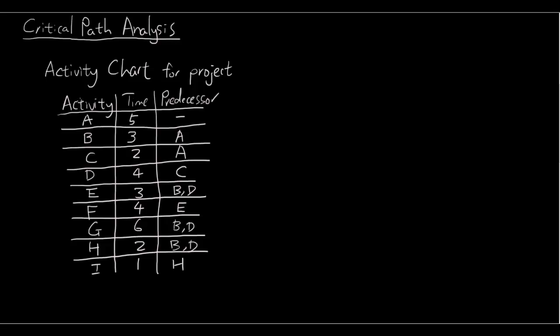And let's use this table here as an example. It doesn't really matter what kind of project it is. Okay, activity A, activity B, these are just the symbols representing different activities. And for example, we can just make up whatever activity is represented by each alphabet.